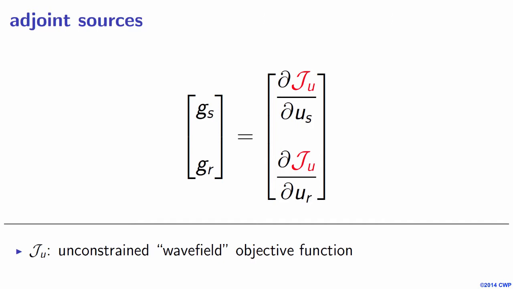And what this is telling us is that we will have a different gradient of the objective function when we choose a certain measure of how similar the source and receiver wavefields are relative to one another. In other words, we will try to estimate how closely related the source and receiver wavefields are, and that defines the quantity Ju, and that will define the adjoint sources, which will define the adjoint variables, which will define the gradient.